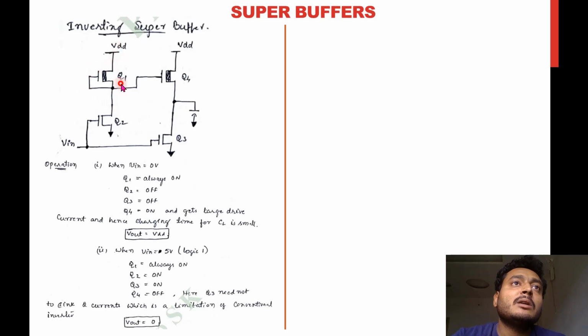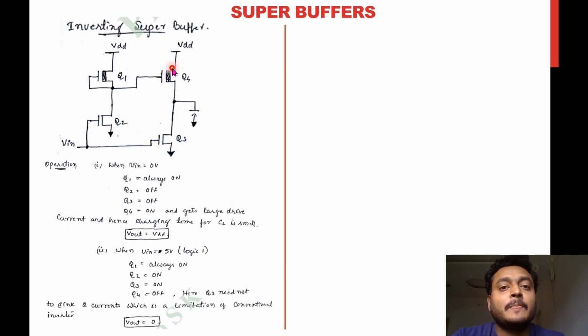Since this is on, this particular node will be charged to VDD. When this is charged to VDD, it is going to turn on this Q4. Right? Because it's not shorted to source here, it is directly connected to VDD. Depletion mode means that even though we are giving zero voltage, it will be always on.